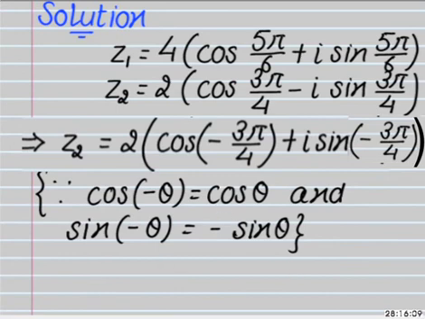So here the given complex numbers Z1 and Z2 are in the polar form.